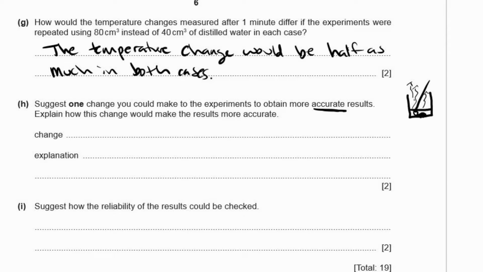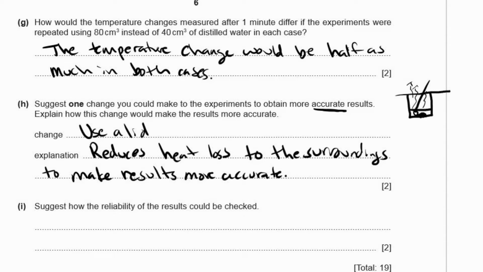So, an easy thing to do, put on a lid, and then you'll be able to measure the temperature change more accurately because it won't be cooling down as much as it is when the lid's not on. So you can use a lid. And why? So it reduces heat loss to the surroundings to make the results more accurate. You don't really need to say it to make the results more accurate because that's what the question's asking for. But you can if you like.